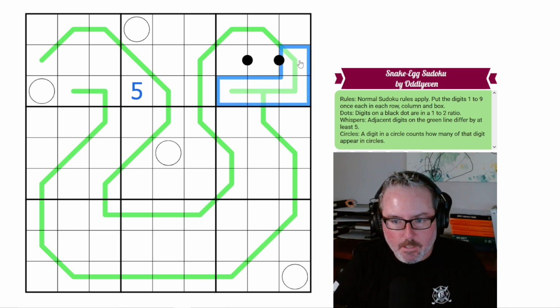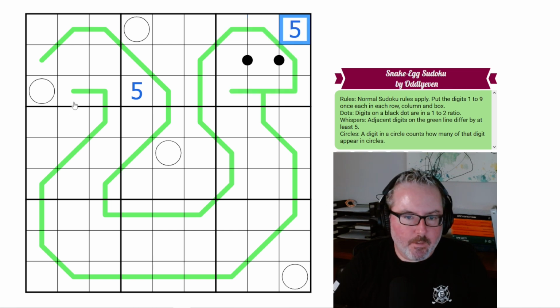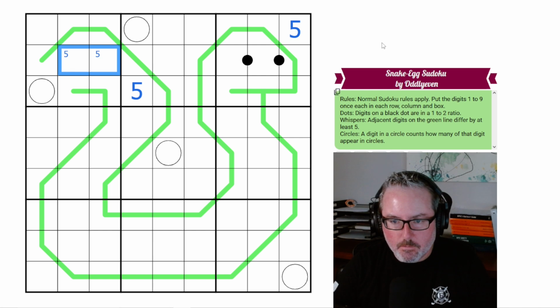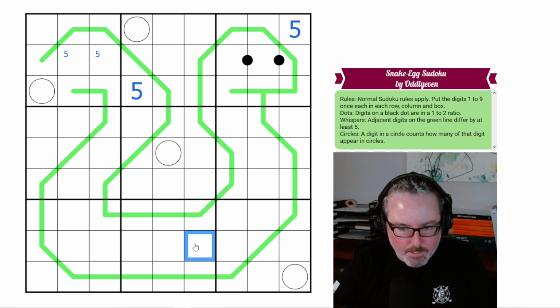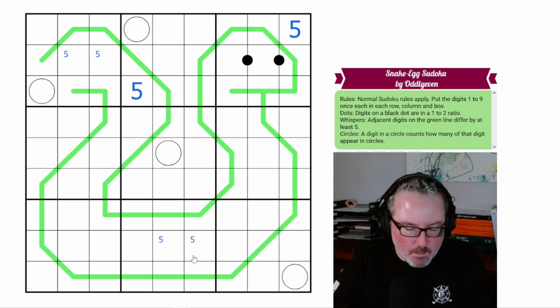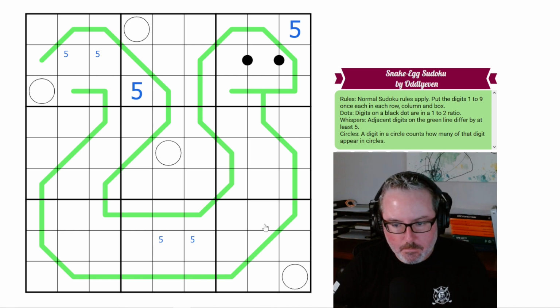Combine that with our German whispers, none of these can be 5, so therefore this is 5. And that's just going to say we have a 5 in one of these two. Now, is there anything further we could do with those? Well, we can say there has to be a 5 down here somewhere. And that seems to be about as far as this is going to go at the moment.